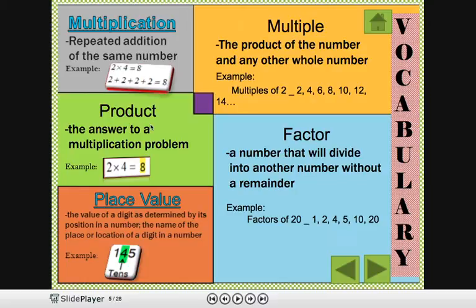A product is the answer to a multiplication problem. So in our example of 2 times 4, 8 would be the product.